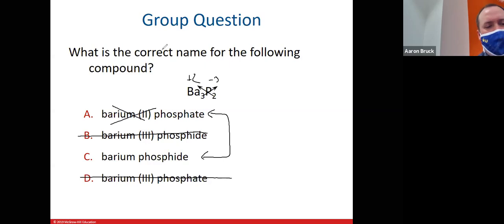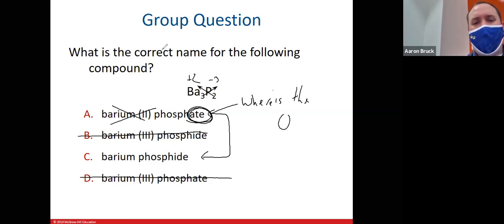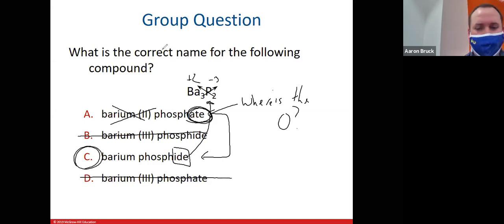The second problem, if I've got an ion that ends in ATE or ITE, it's got to have oxygen in it. This one doesn't. The IDE ending implies a monatomic ion, which this one obviously is. P is by itself. It's not PO something, it's just P. So C is the correct answer.